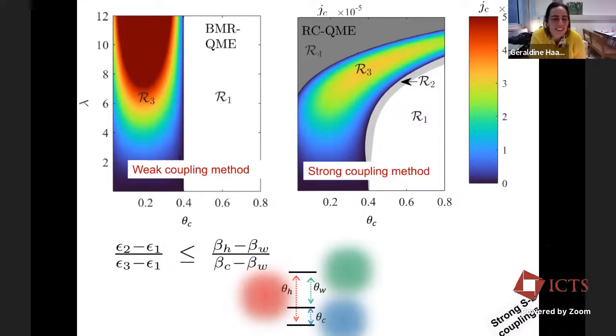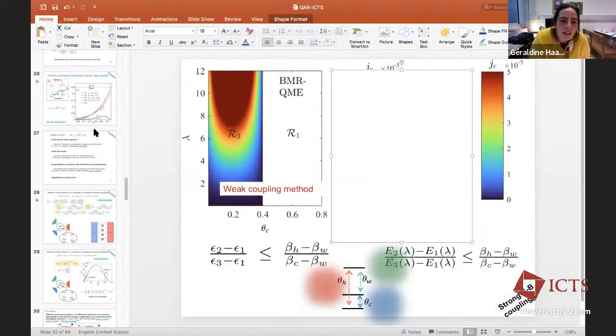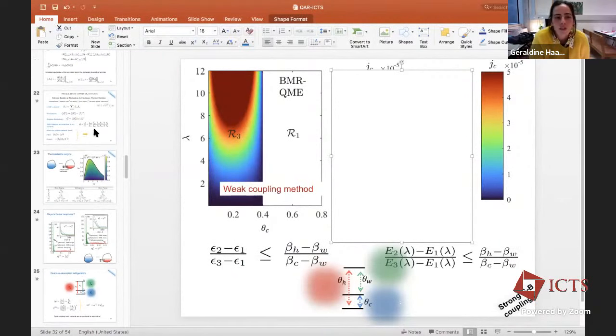When discussing this ratio Q, you said that when your quantum absorption fridge is working, Q is larger than or equal to 1.